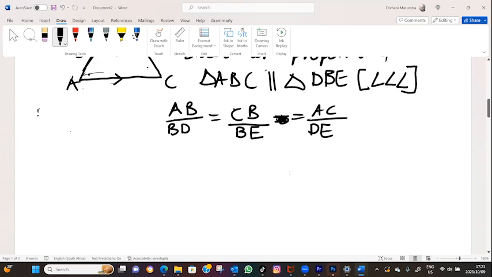Okay, so we're going to move on to another theorem. That theorem is called the third angle of the triangle.